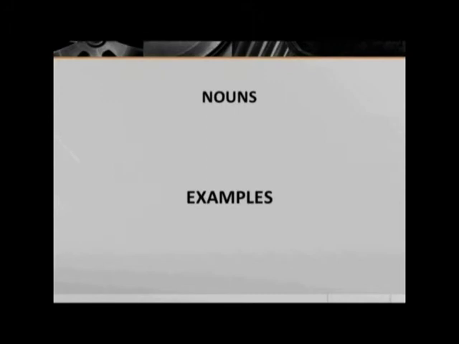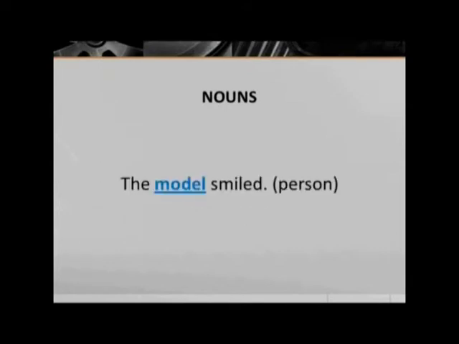Here are some examples. The model smiled. If you notice, model is in blue and it's underlined. A model is a person. Show more style. Style is in blue. It's not underlined because it's not the subject.